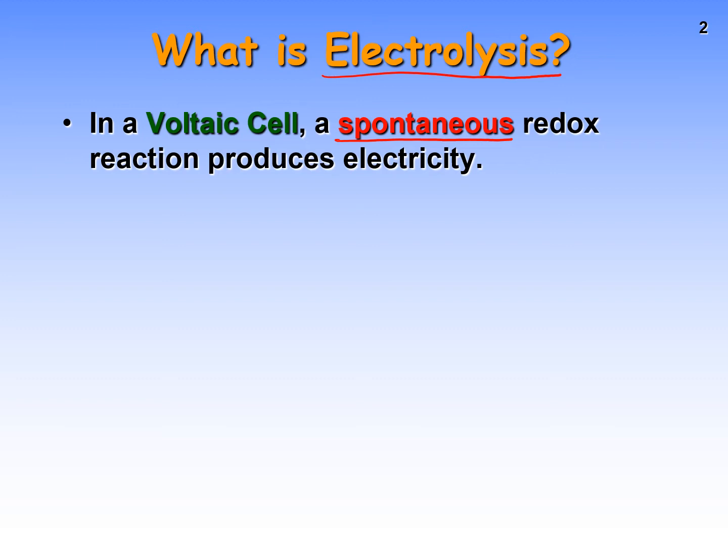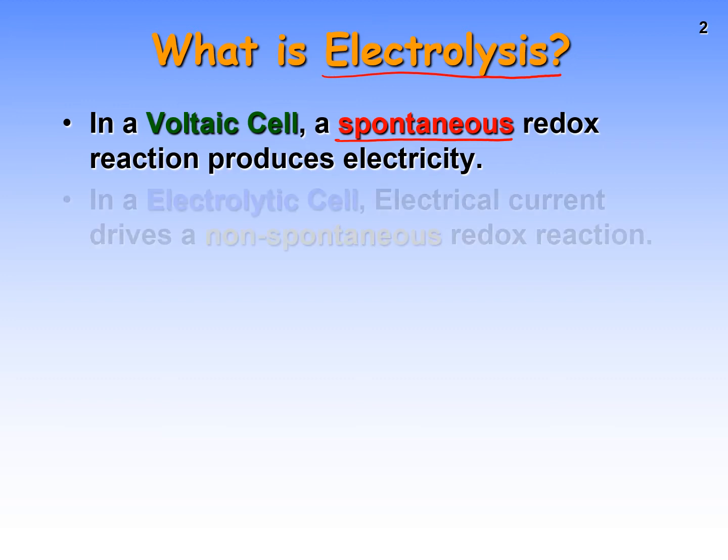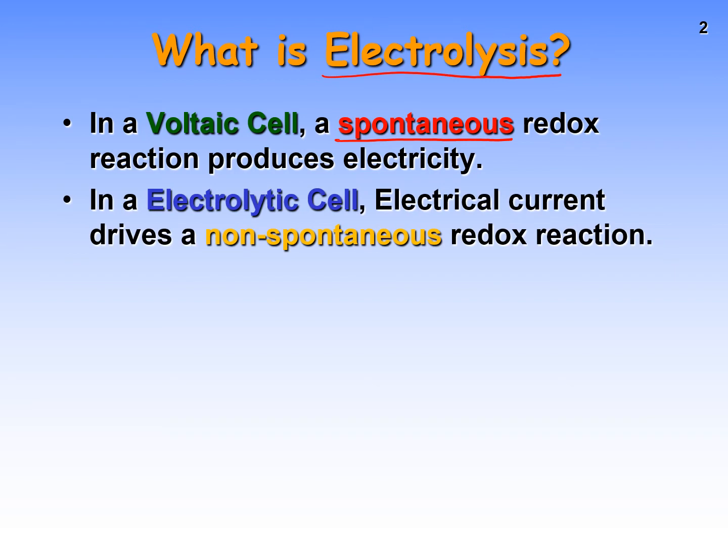These are like batteries. In electrolytic cells, we have an external power source with an electric current driving a non-spontaneous reaction. In other words, in an electrolytic cell, we're forcing a non-spontaneous reaction that normally wouldn't happen to happen.